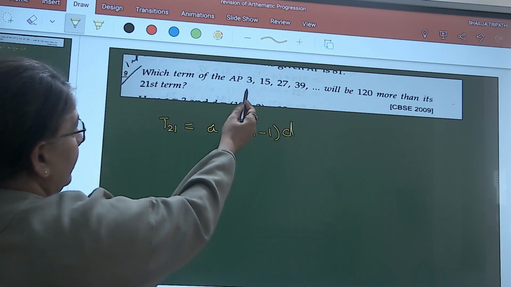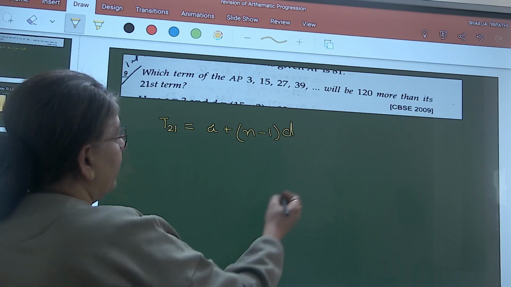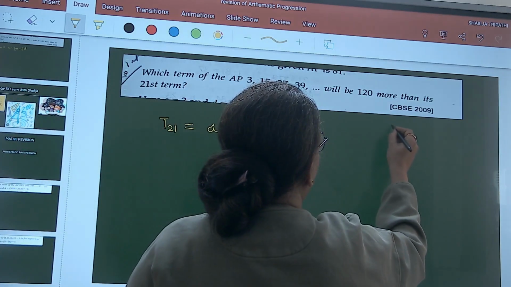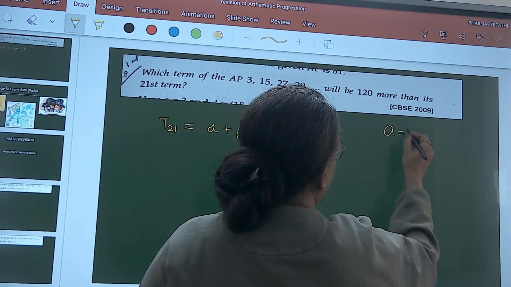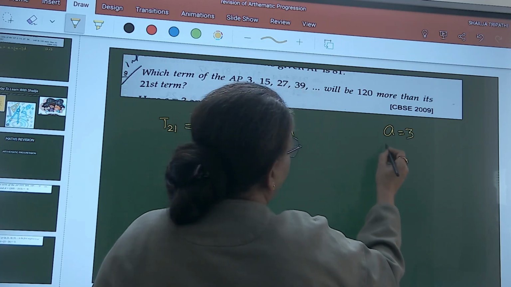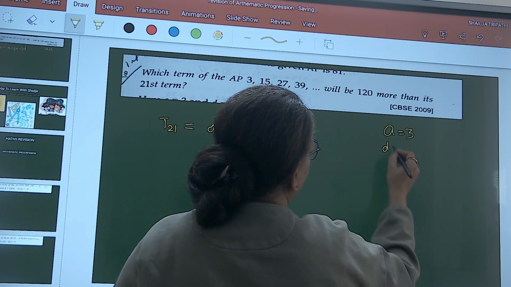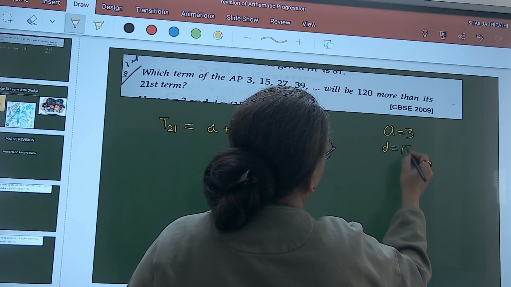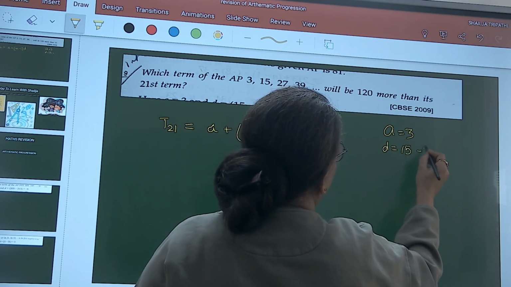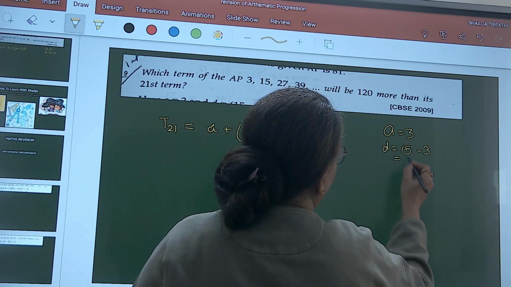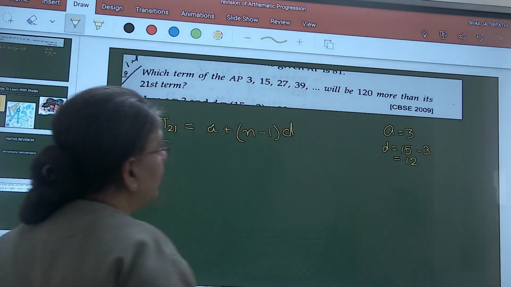So here A is 3. Our first term, which is represented by A, is 3. The common difference we find, that is 15 minus 3, that is 12.